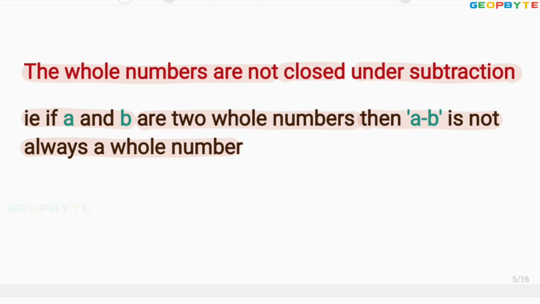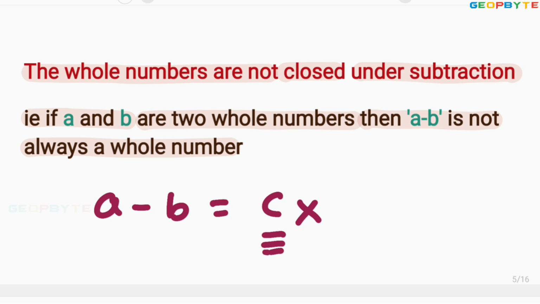Sometimes it may be a whole number, but it is not always a whole number. That means I can write that a minus b is equal to c. This c is not always a whole number. I hope you clearly understood about the subtraction of whole numbers.